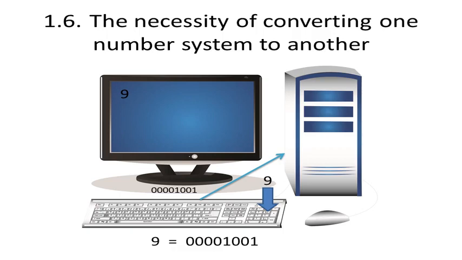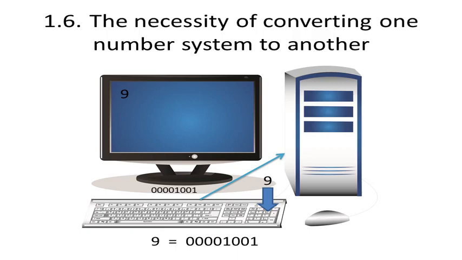Therefore, when you press number 9 on the keyboard, it creates a signal as 0001001 and goes to the computer, and the computer identifies it digitally. It understands it like that, not as 9, does all the complex calculations, and then sends the signal to the monitor in the same digital format.